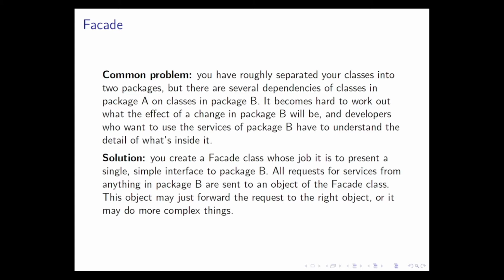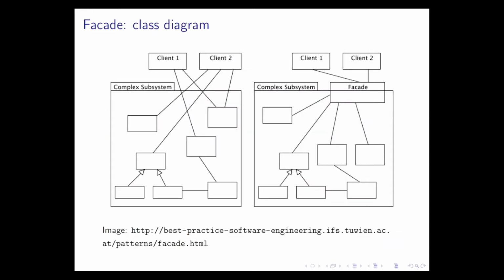So Facade helps with this by saying what you do is you'll create a single class, a Facade class, whose job it is to present a single simple interface to package B. And so then, instead of clients going directly to classes within package B requesting their services, they all go to the Facade class, and it is the job of the Facade class to forward the request appropriately, which might just mean finding an instance of the right object to send that request onto, or it might mean putting services together in some way.